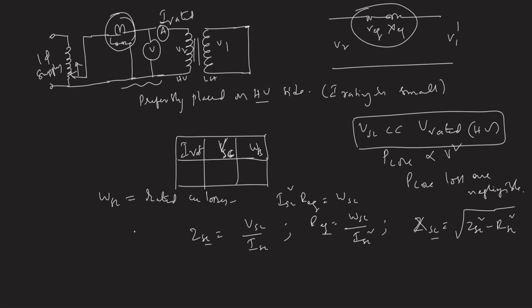So you can do the transformation and get the complete equivalent circuit. I have already explained these concepts briefly in the previous classes. So this is about the OC test and SC test. Once we know the equivalent circuit parameters, we can find the efficiency of the transformer under any operating condition. Now the next important test is Sumpner's test.